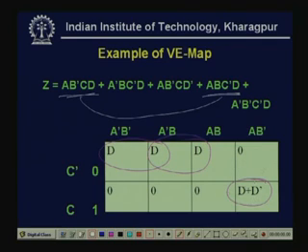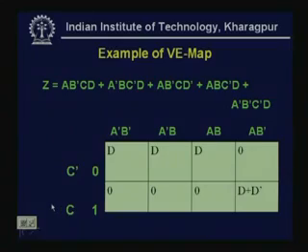So we can easily reduce this expression by again considering the couples. So what we have seen, by selecting the VMAP method, is that we can easily reduce n variables to n minus 1 variables, and recursively n minus 1 to n minus 2, so it will be very easy to reduce expressions when a large number of variables are there.